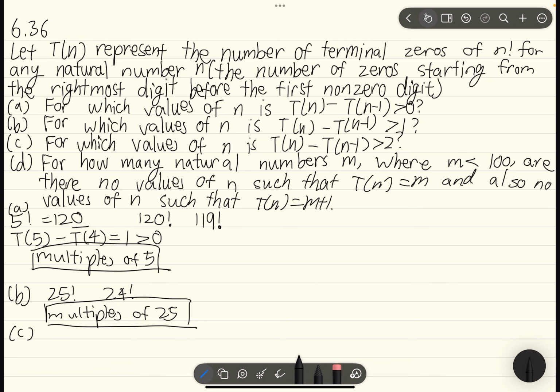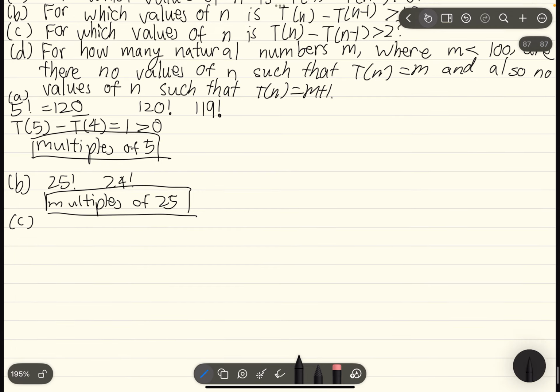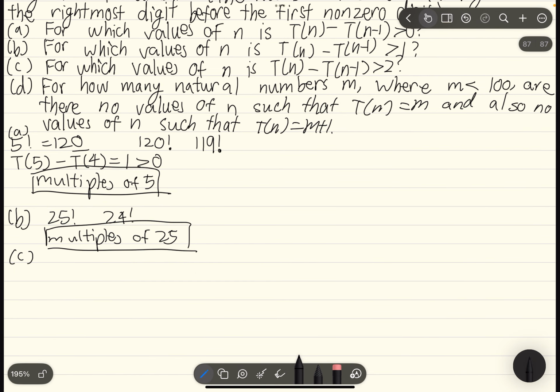And then thirdly then, C. For which values of n is Tn minus Tn minus 1 larger than 2? Then what numbers would this be? This would be when the greatest number in the new factorial has at least 3 factors of 5 in its prime factorization, i.e. 125, which is 5 cubed, right?